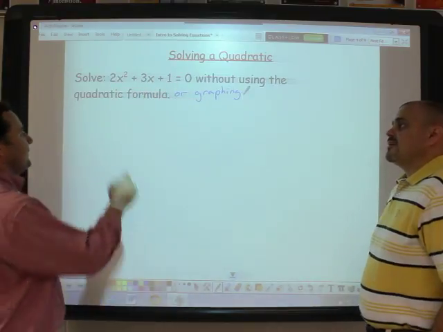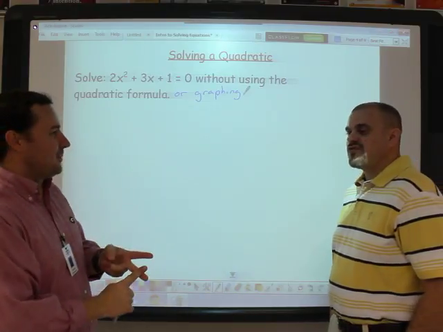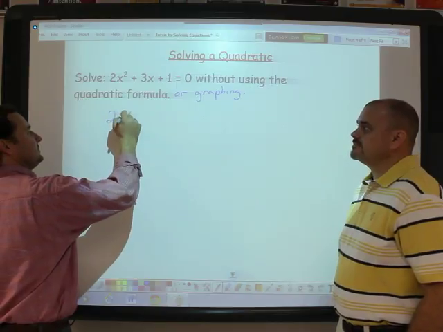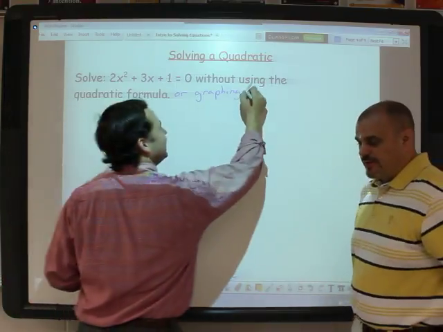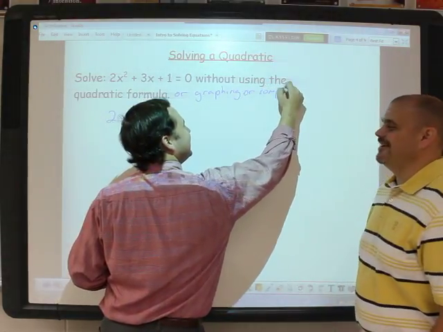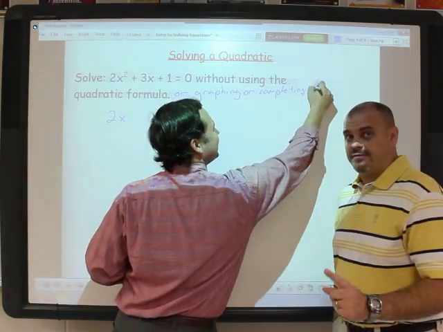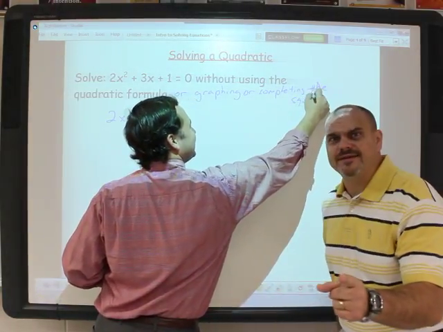We're not going to do that. So if we're not solving using the quadratic formula or by graphing, we've got to do it by factoring, or guess, check, and revise, or completing the square. Don't do any of this stuff. We're factoring. That's what we're going to do.